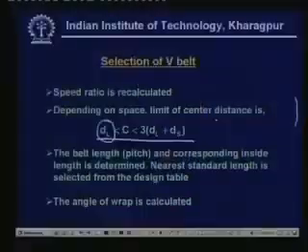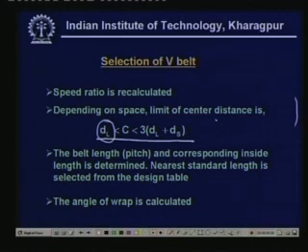The belt length, as we have seen earlier, is computed as the pitch length, and the corresponding inside length is determined, and then the nearest standard length is selected from the design table. This part you have already discussed while giving the designation of a V belt, and then you calculate the angle of wrap.